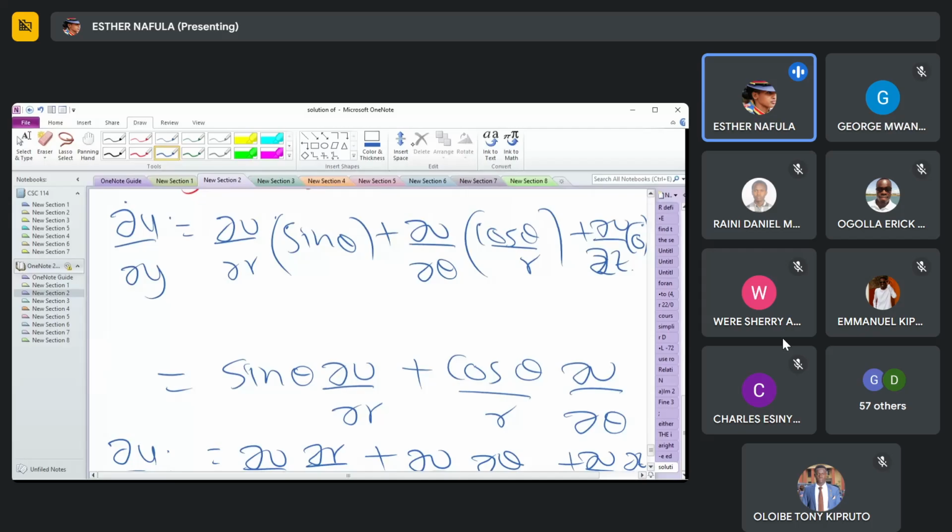Partial z partial y is 0. So this is partial u partial r times sin theta, plus partial u partial theta times cos theta over r, plus partial u partial z times 0. Hope it's clear.